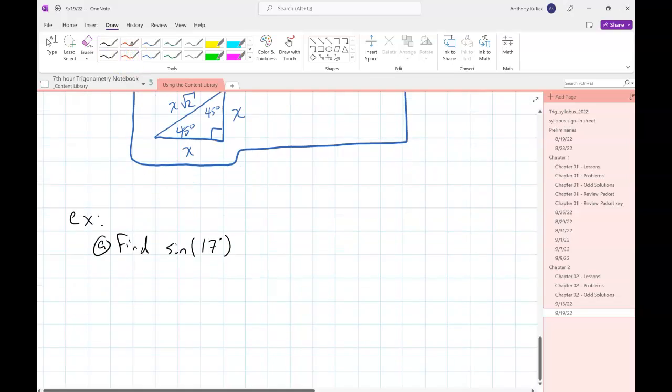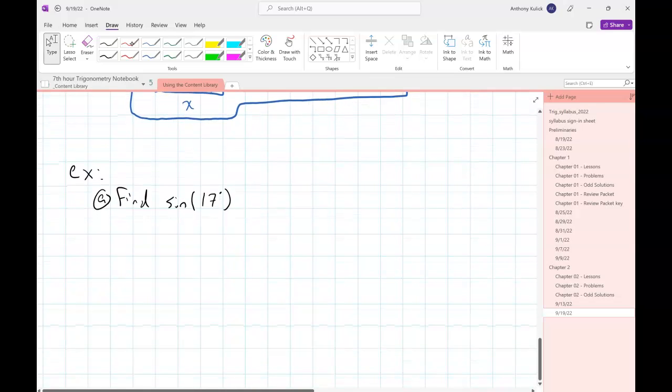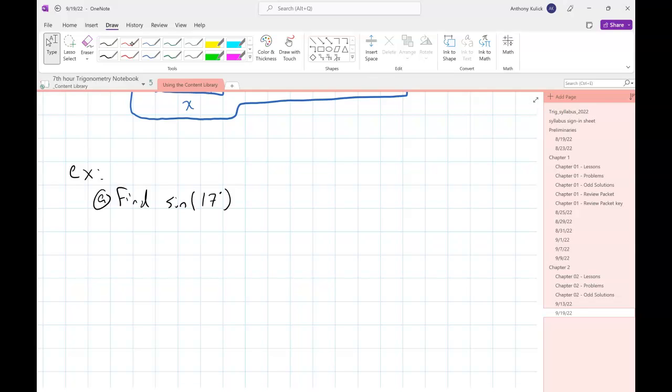What if I say just find sine of 17 degrees? How am I going to do that? Okay, but if I build out that triangle, what are the side lengths going to be? Can I say anything about those side lengths?